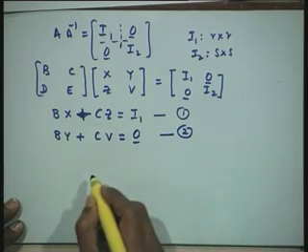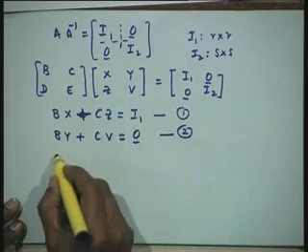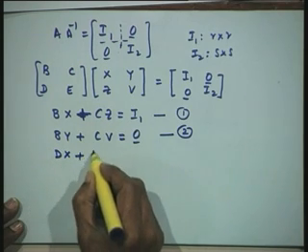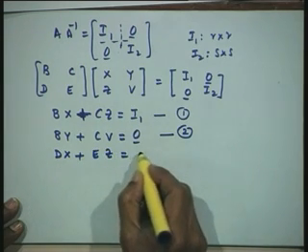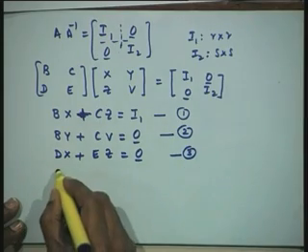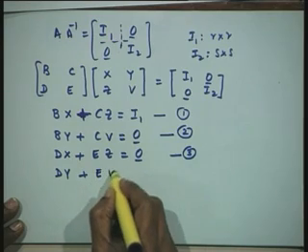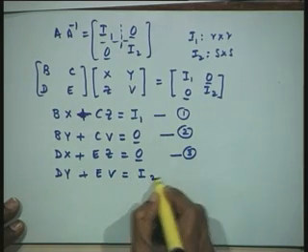Let us number it 2. Then D into x plus E into z is null. Then the last equation is D into y plus E into v is equal to I2.